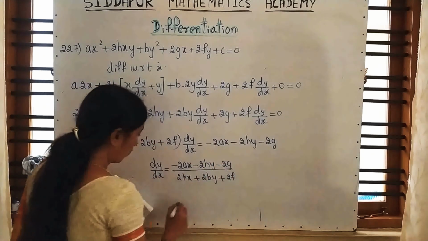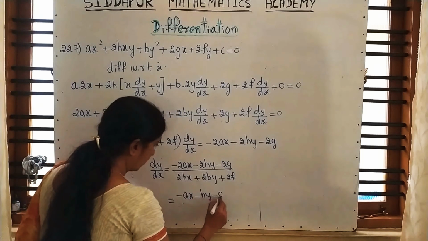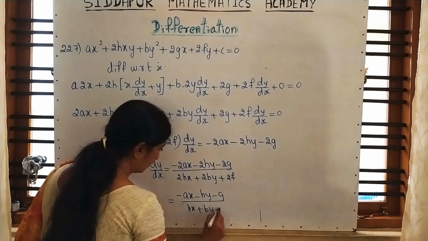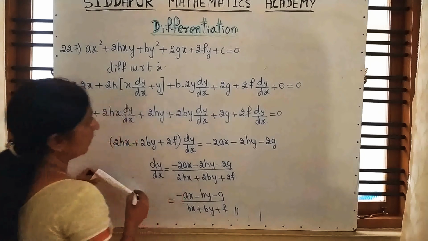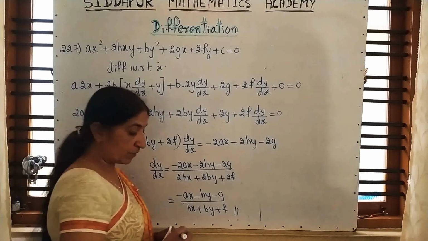And take 2 common, write down the remaining terms. If you want, you can take minus also common in the numerator. This is the answer. See, the sums are very simple, or what? Yes, the sums are very simple. Moving to the next question.